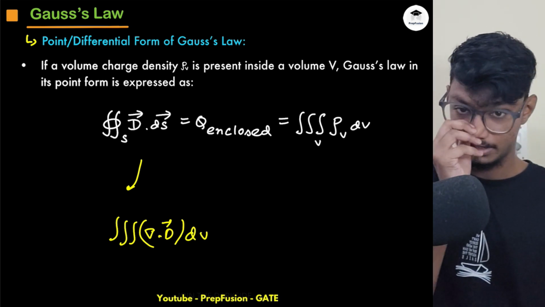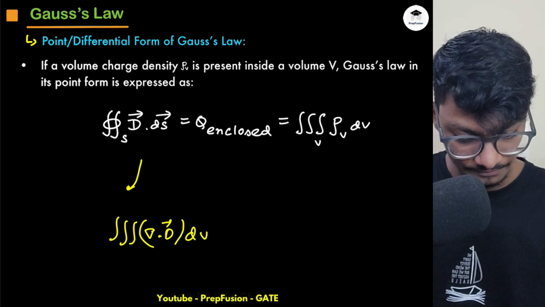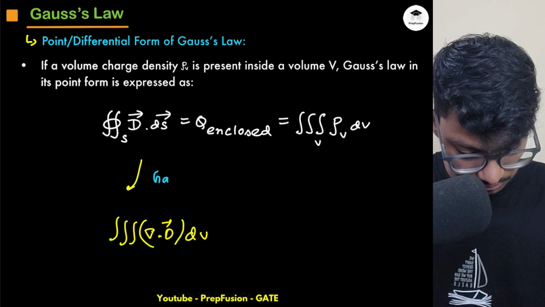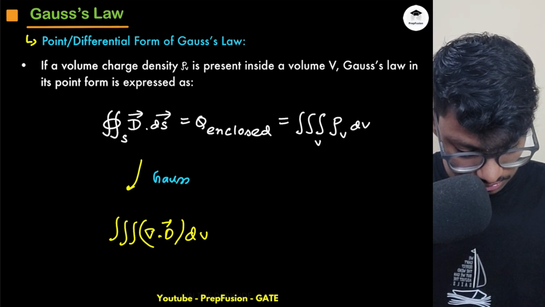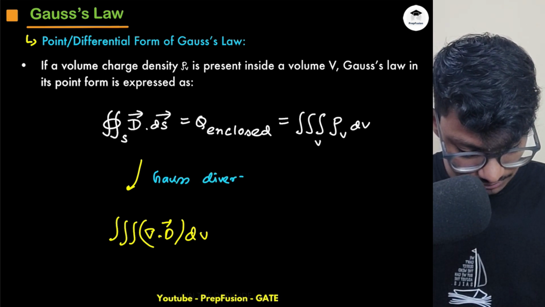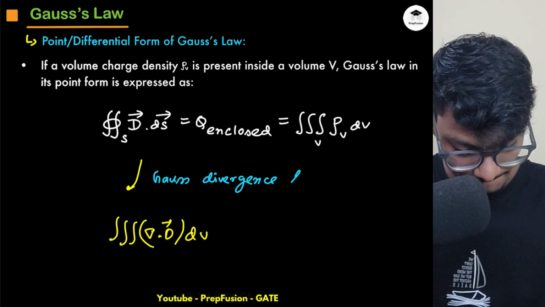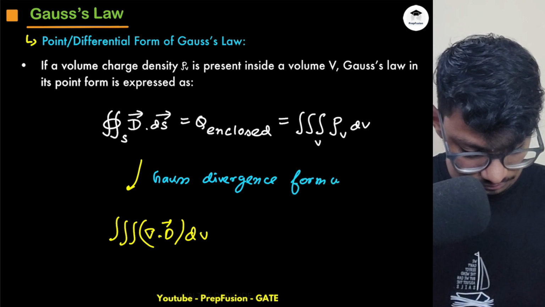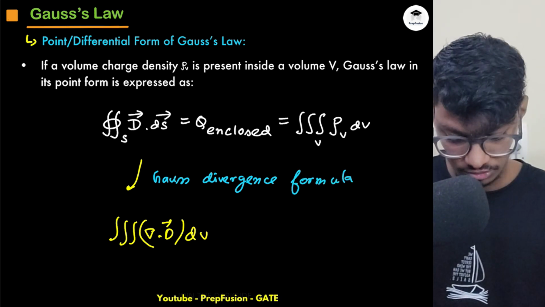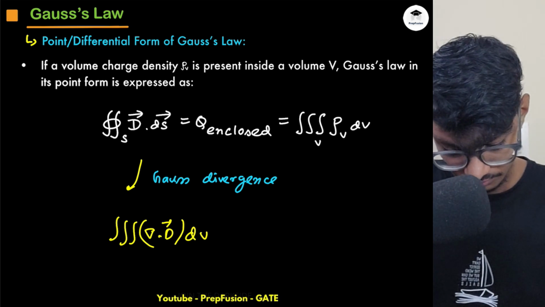dv. Okay, this is the Gauss divergence formula. If you remember, this was the Gauss divergence theorem.